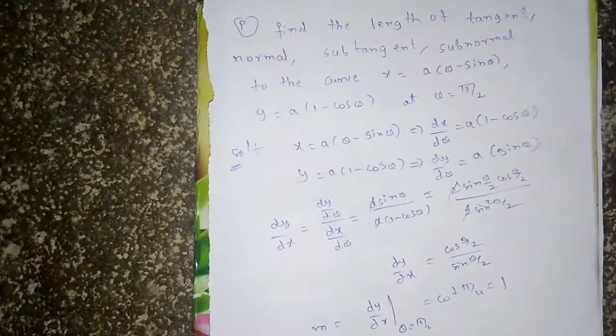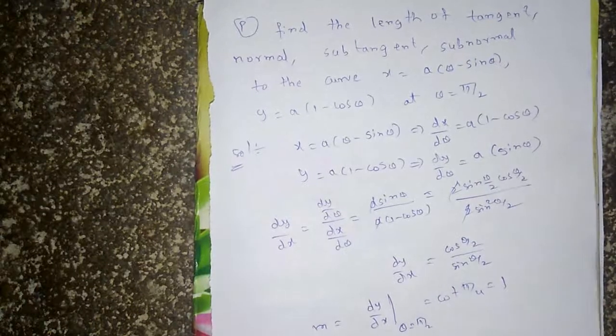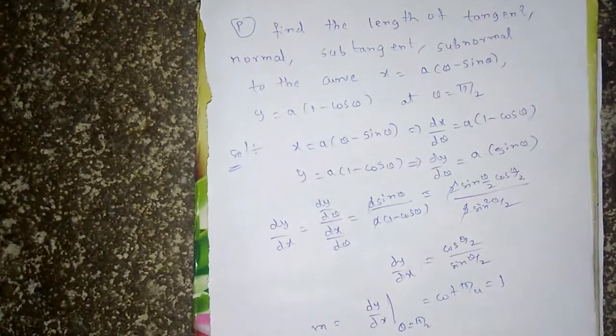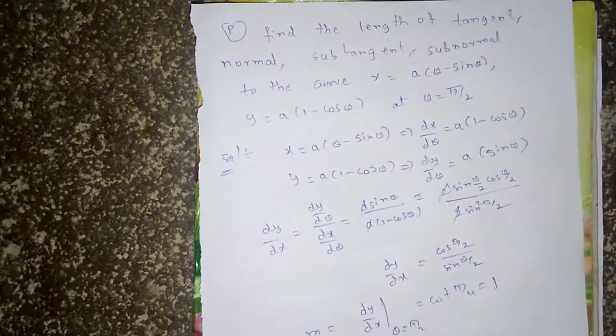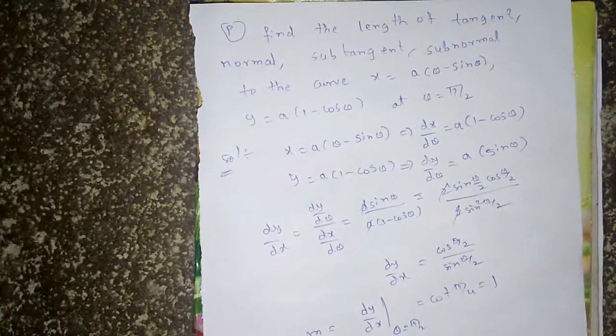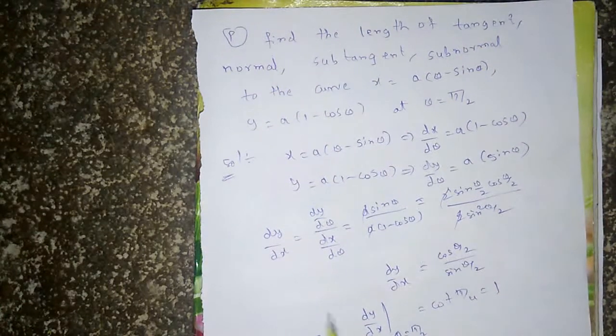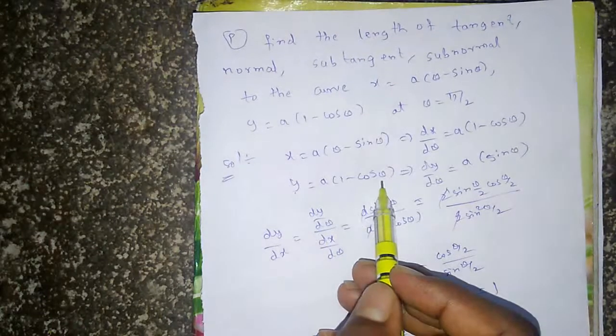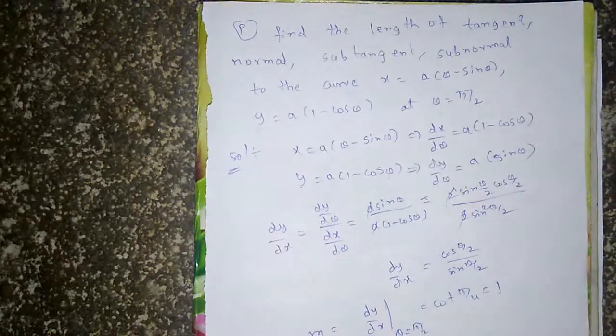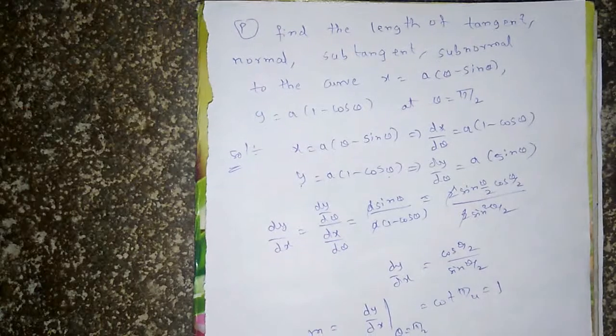And now m is equal to 1. Length of tangent is y into root of 1 plus m square by m. Here in y put theta is equal to 90, that is a into 1 minus cos 90, that is a.